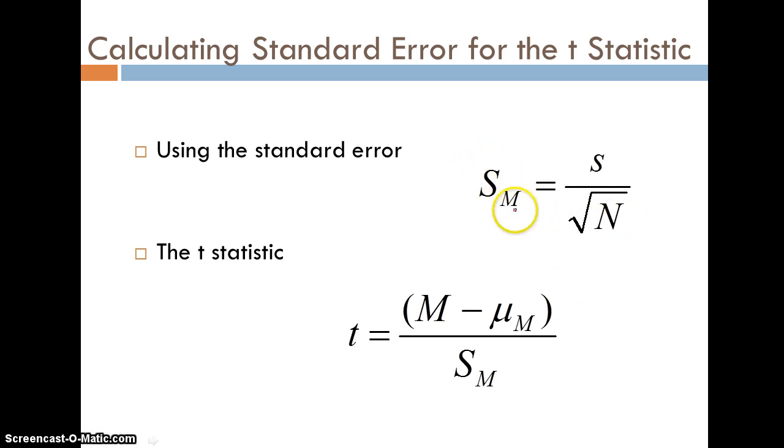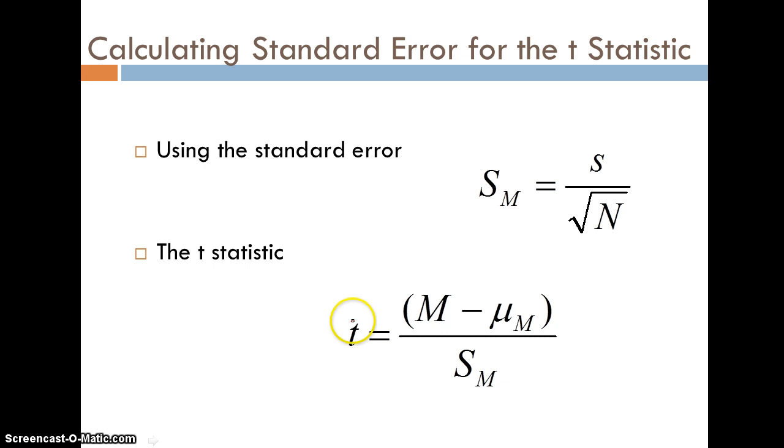Now we have s sub m, our estimated standard error, and we use our estimated standard deviation in the population, and again we divide by the square root of n. A lot of people often get confused and think, oh, now I have to use n minus 1. When we are calculating the standard error, we use n. We've already made the correction, so we don't need to use n minus 1.